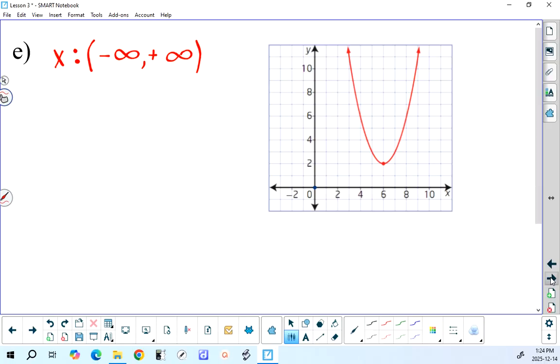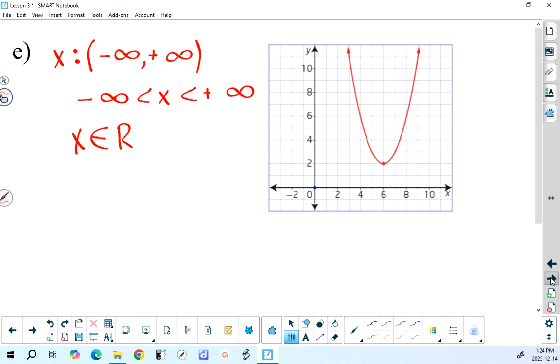I know that you'll look at this and go, yeah, but it's going up. It is going up, but it's going to the left and the right at the same time. We typically don't use this notation for this situation. I've never really seen this notation for this situation. What we do instead is we write the following.